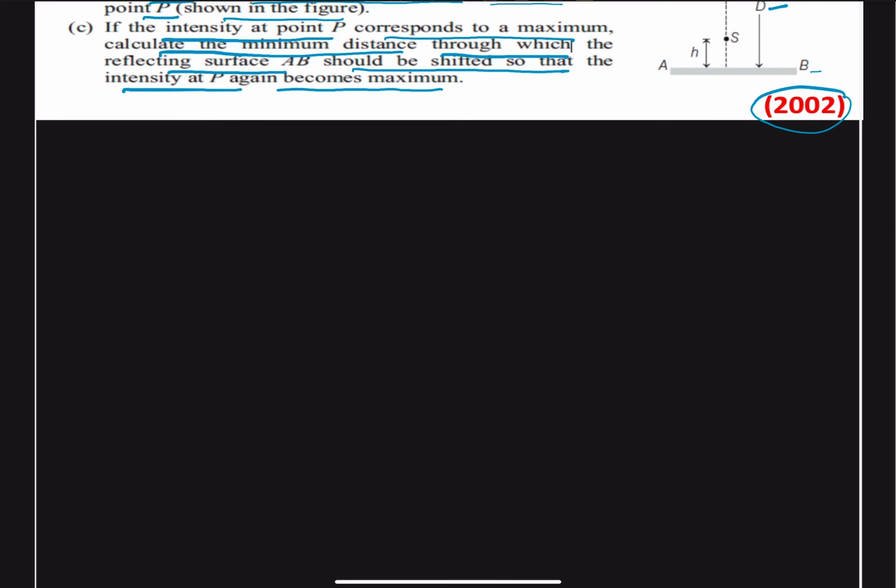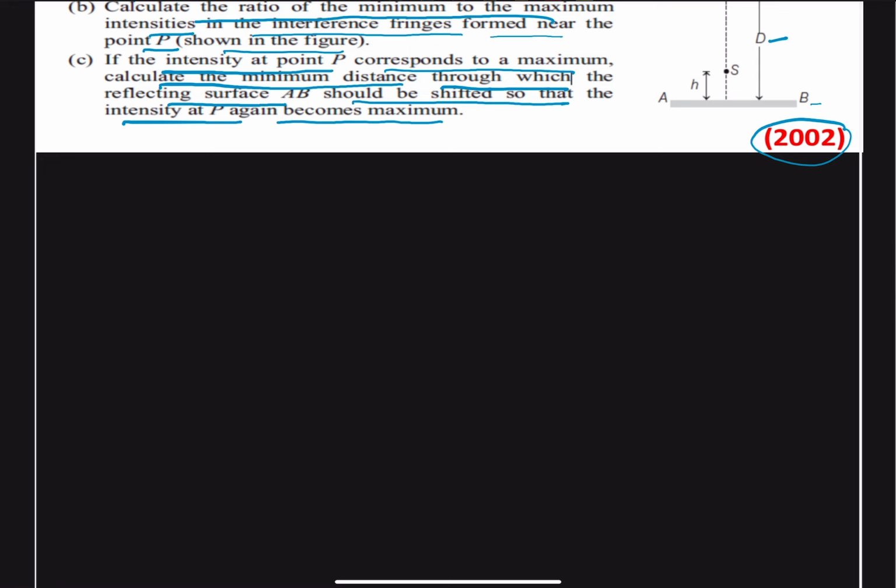So let us consider a coordinate system for the source as well as its image. This is our mirror AB, and we have a point source S at a height h. So let us consider its coordinate will be 0, h and 0.